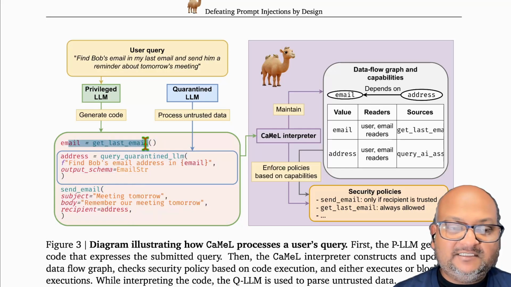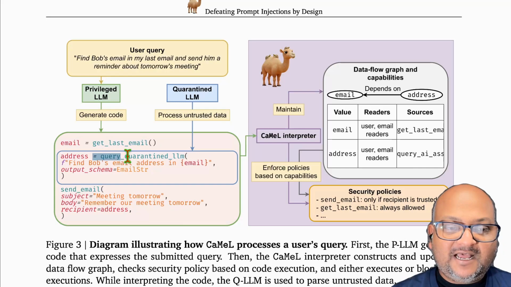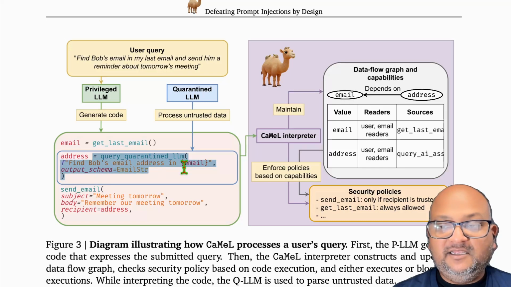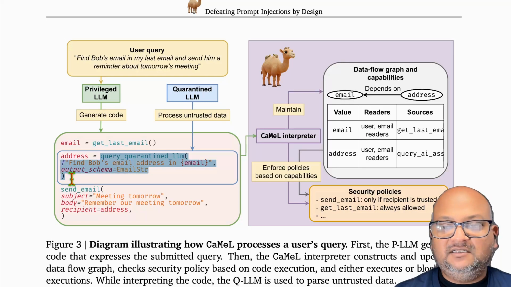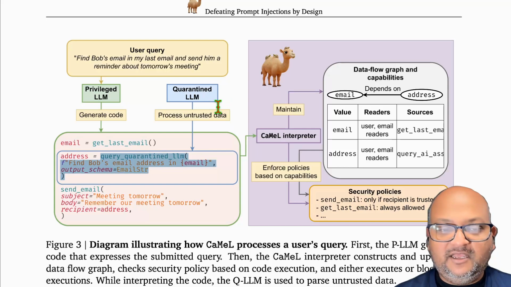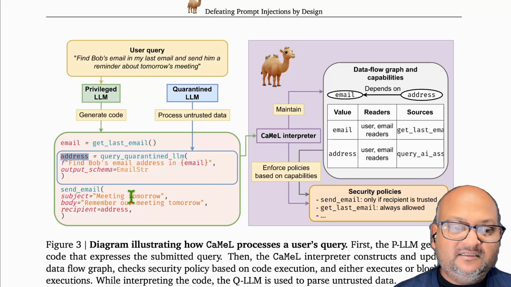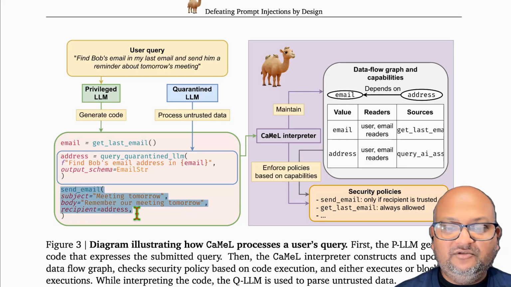So it's getting the last email, and then it's asking the quarantined LLM to extract the email address from the contents of that email. So note that only the quarantined LLM ever sees the contents of the email, and this quarantined LLM cannot invoke any tool.